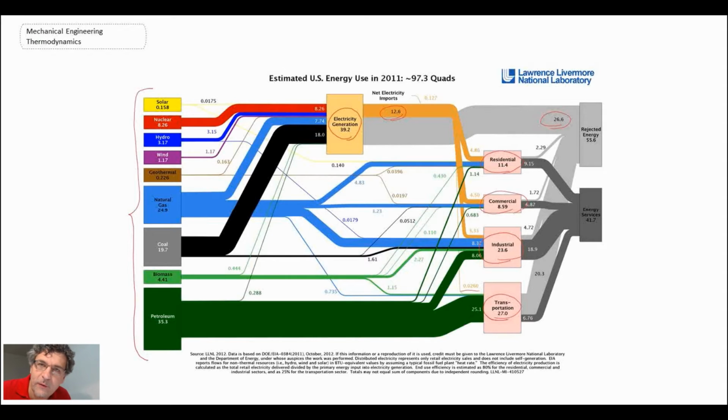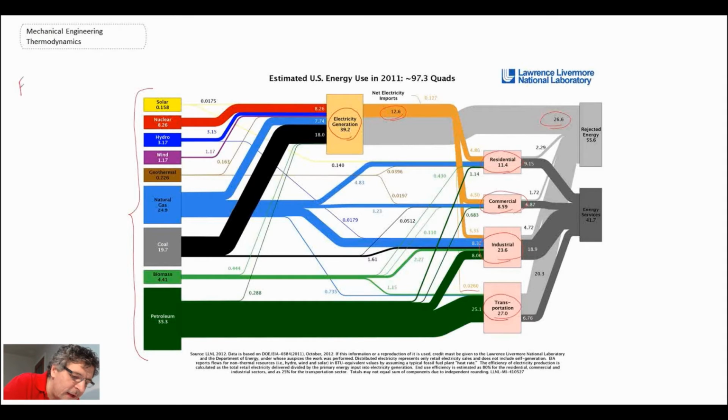If you recall, whenever we looked at a heat engine cycle, we always have to have some energy rejected to the environment, and that is the energy being rejected to the environment. So let's just take a look at electricity as an example. Looking at the numbers that we have here, we have 39.2 units of energy that we're showing is being used for electricity production. The amount of real work that we're getting out of that is 12.6.